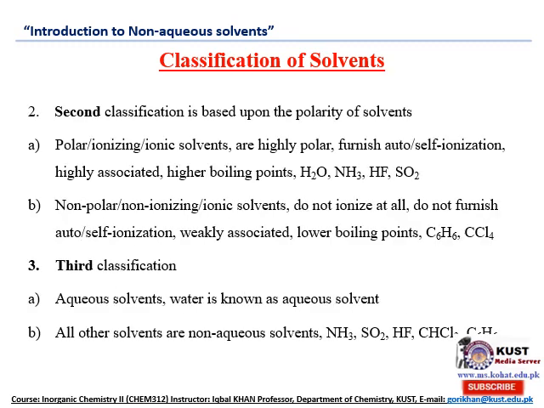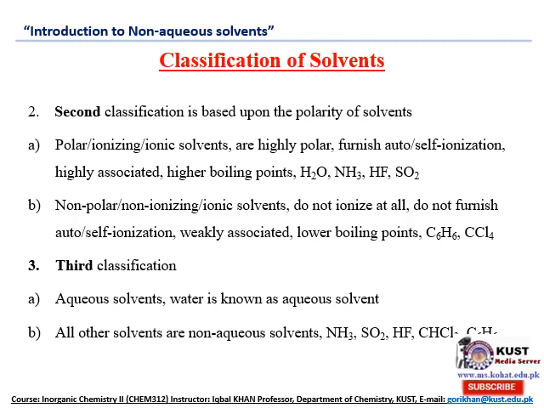The next way of classifying solvent is based upon the polarity of the given solvent. So polar or ionizing solvents are highly polar solvents, and these furnish autoionization or self-ionization phenomenon.